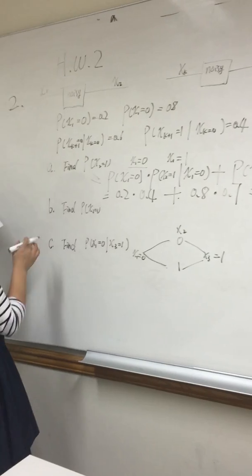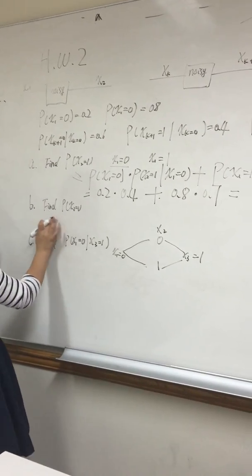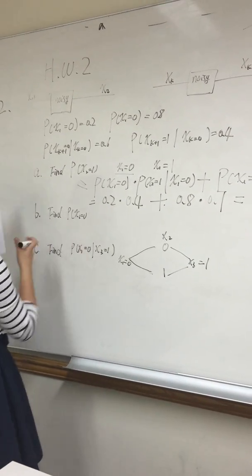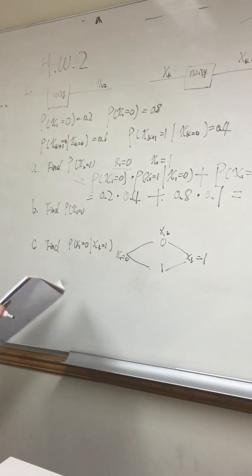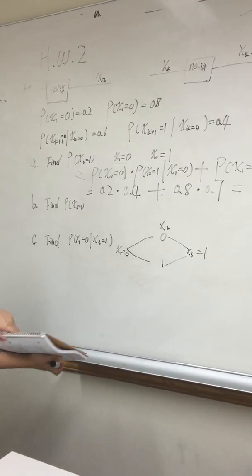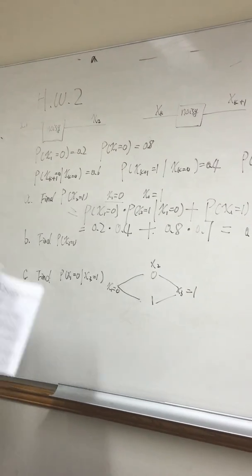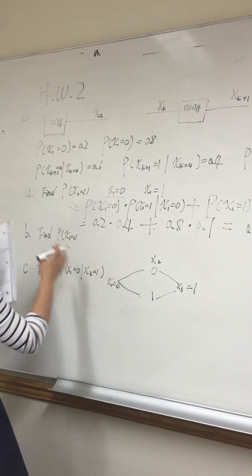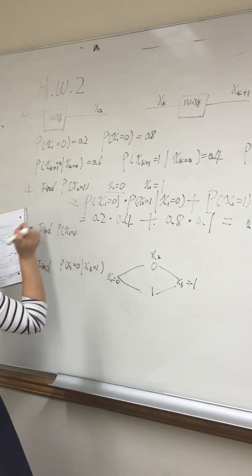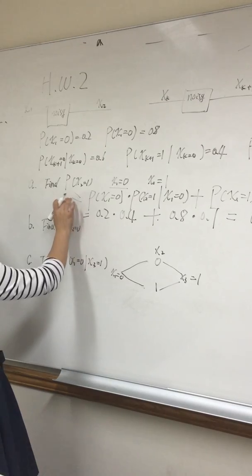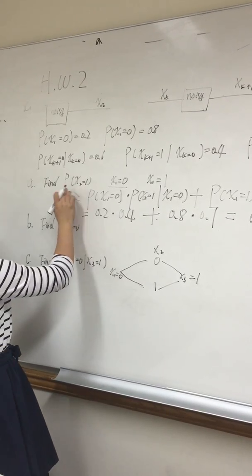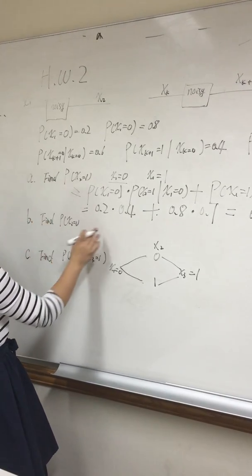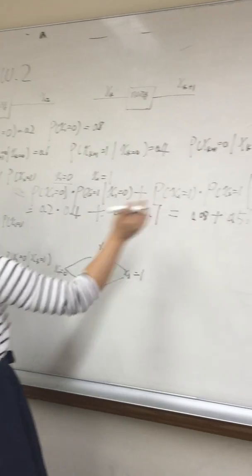That's the first question, and the second question is, let us find the probability of x3 equals 1. It's just like the first question, but a little more difficult. From the first question, we can know that the probability of x2 equals 1 is 0.64.